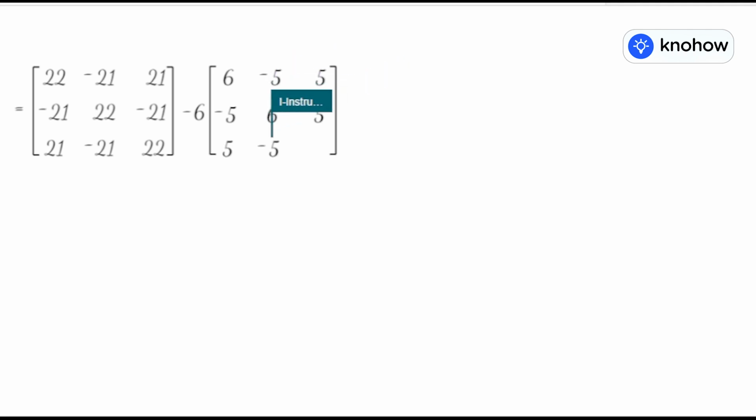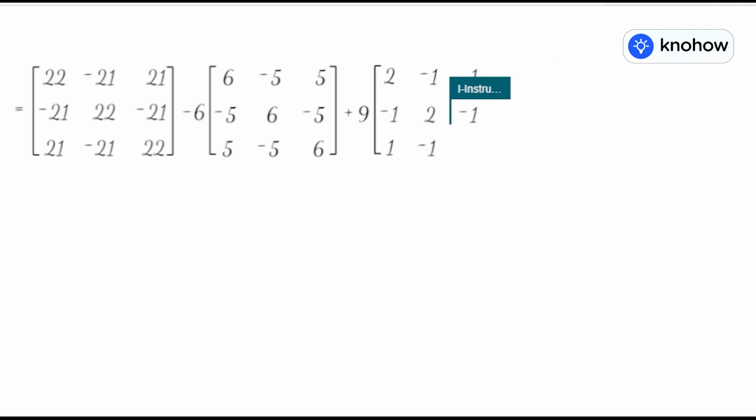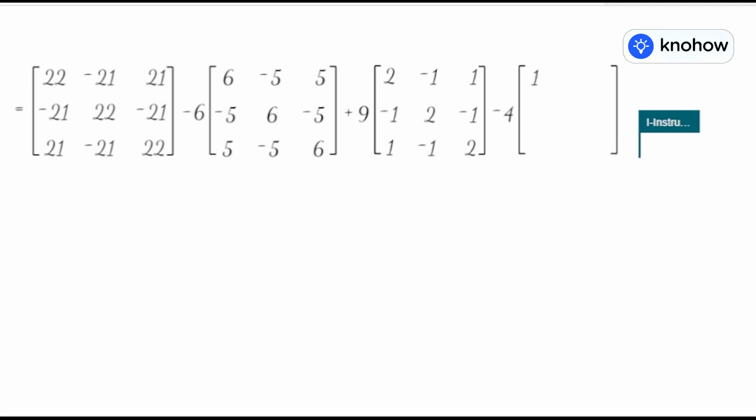And plus 9 times the given matrix A, which is 2 minus 1 1, minus 1 2 minus 1, 1 minus 1 2. And to this you add minus 4 times the identity matrix of third order, which is 1 0 0, 0 1 0, 0 0 1.